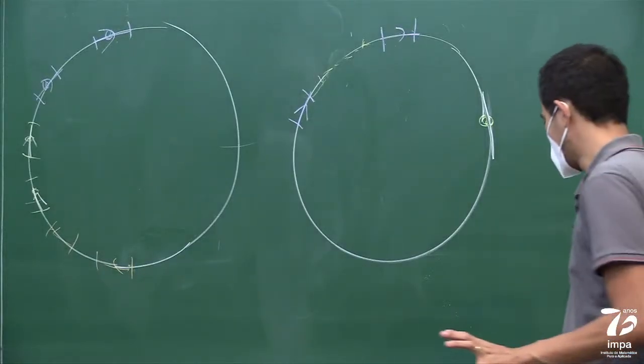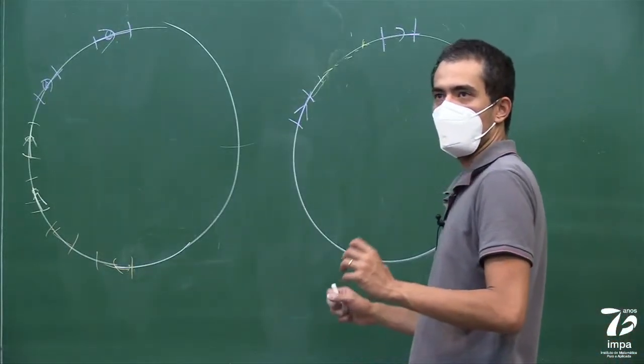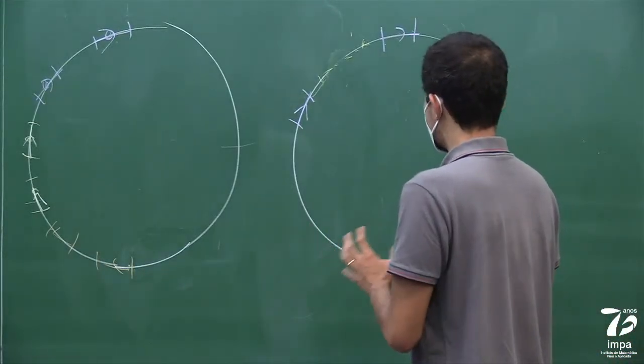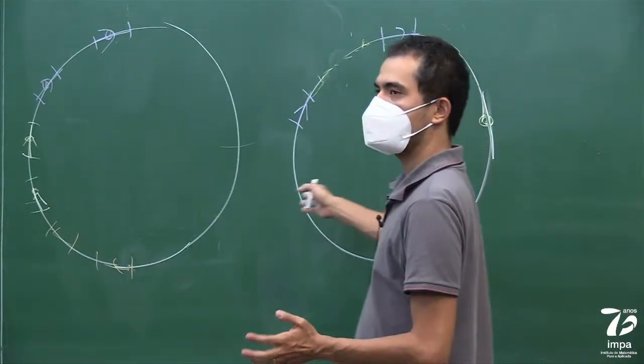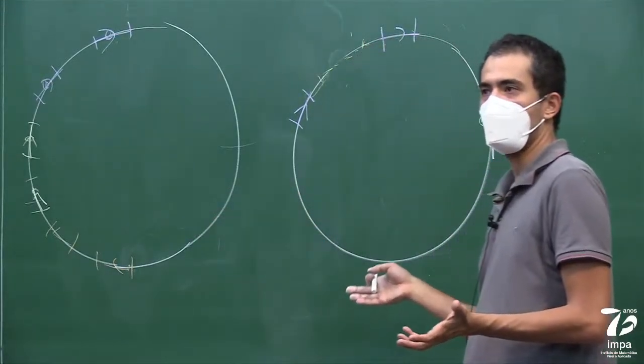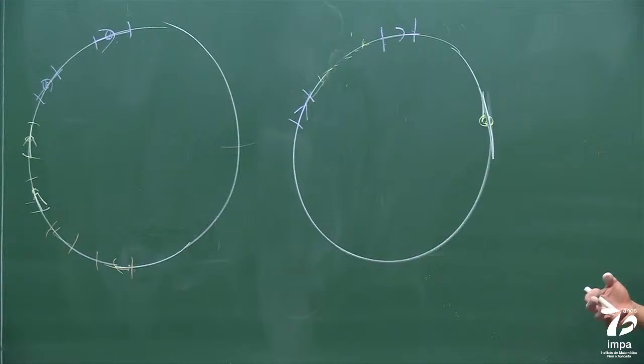So basically, that means that any surface can be written as a connected sum of RP2s and T2s.